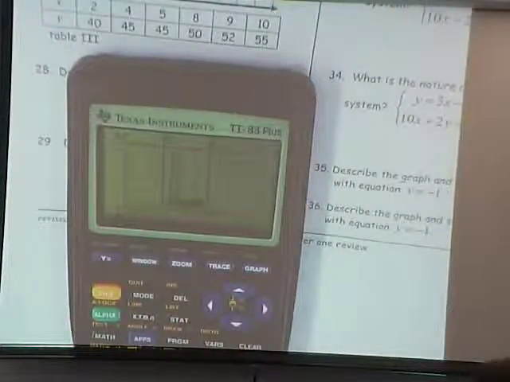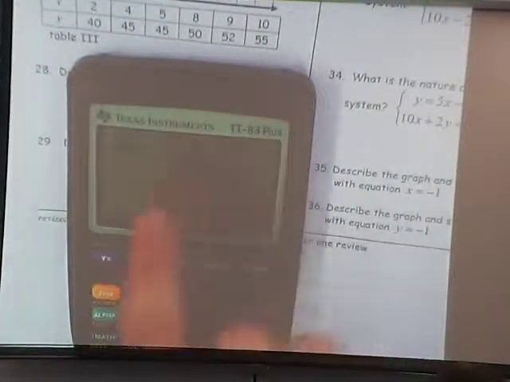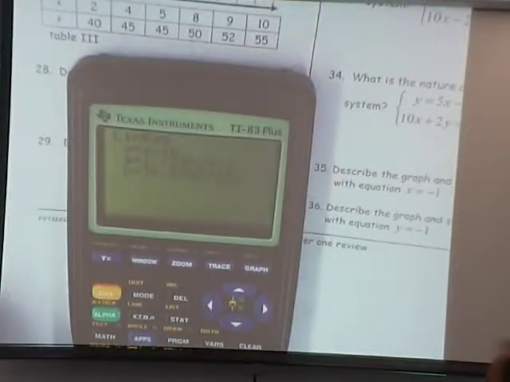Everybody okay with how to plug the values in? Go back to stat, arrow over to calculate, and down to linear regression. And it gives you your A and B value.